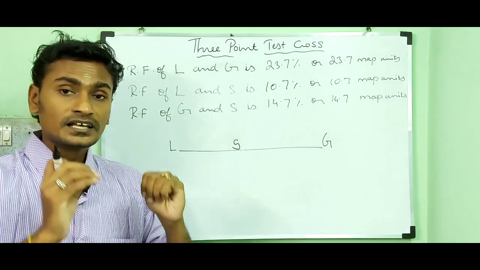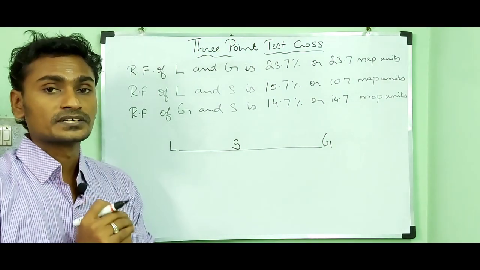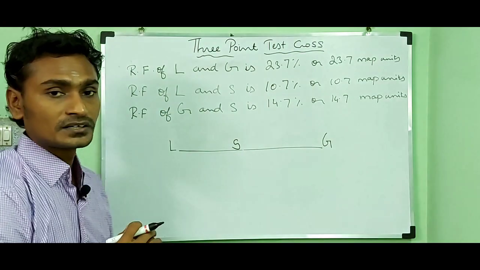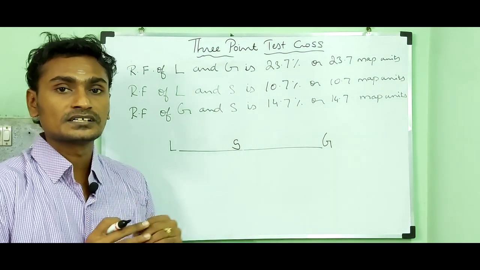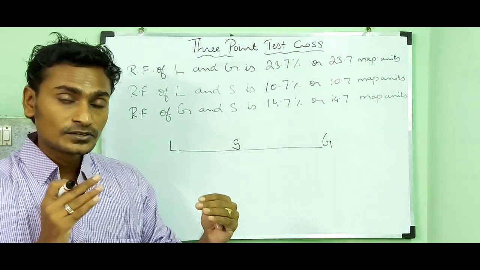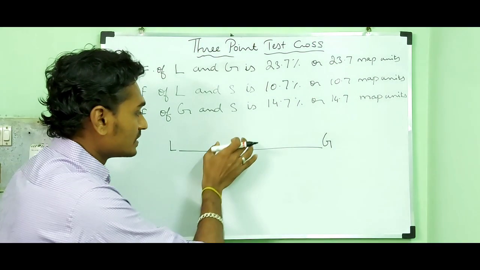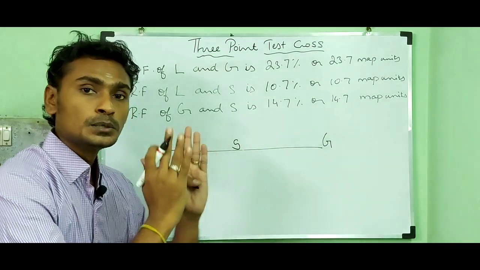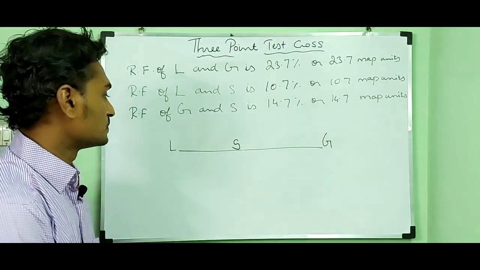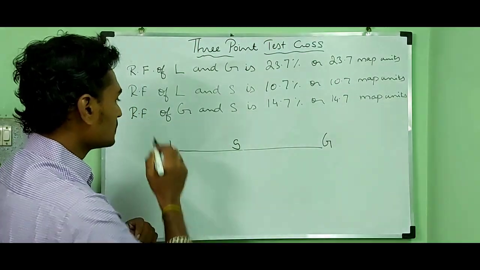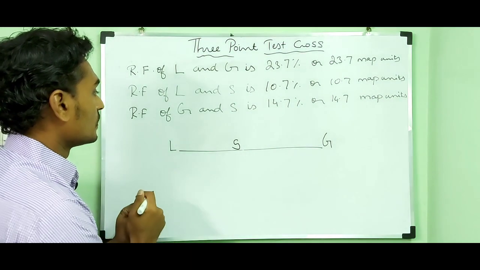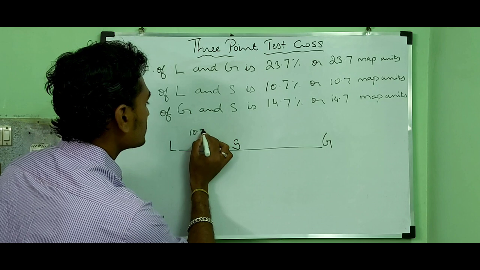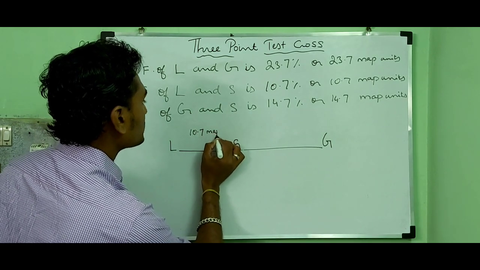That means the L and S are arranged close together. Therefore, the S allele has to come in the middle. So the recombination frequency of L and S is about 10.7 map units.